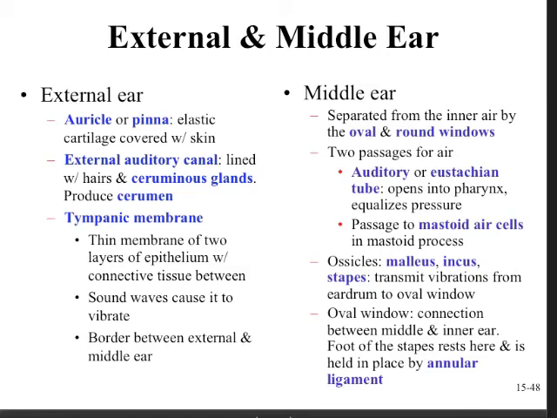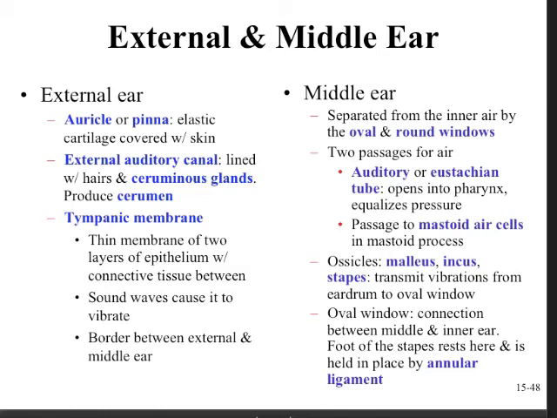It's the border between the external and the middle ear. Okay, it's very delicate. Okay, if you abuse it, it will rupture. Okay, and there's a variety of ways that you can abuse the tympanic membrane. And if it becomes traumatized and has to reheal, it can accumulate scar tissue, causing it to become less responsive to sound.